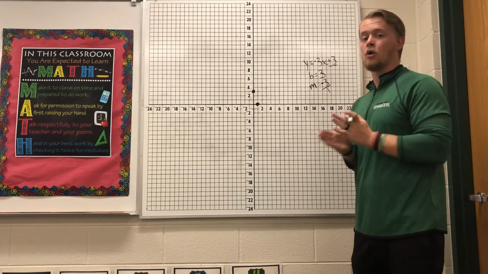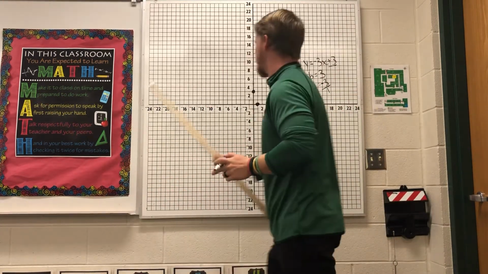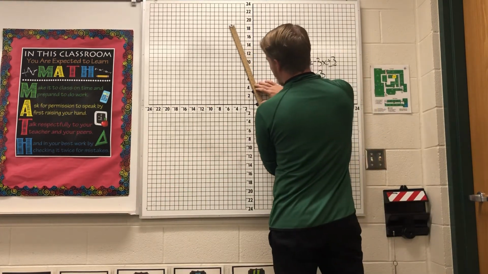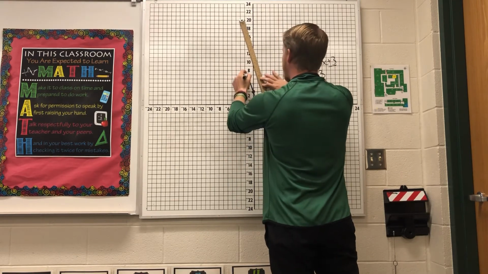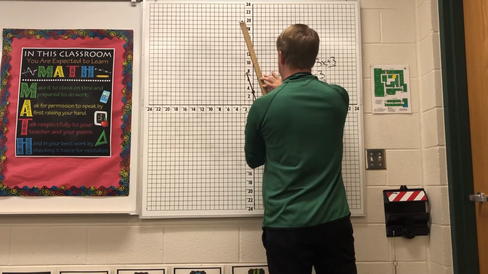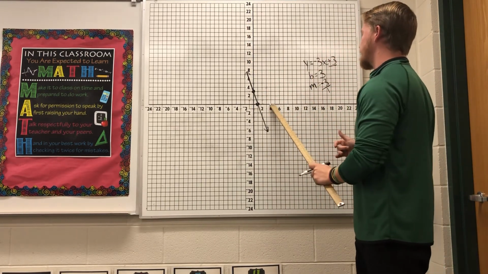And that's it. That's all you have to do for slope-intercept form. Because then once you have your two points, you can draw your line through them. And this is what your line will look like by graphing in slope-intercept form.